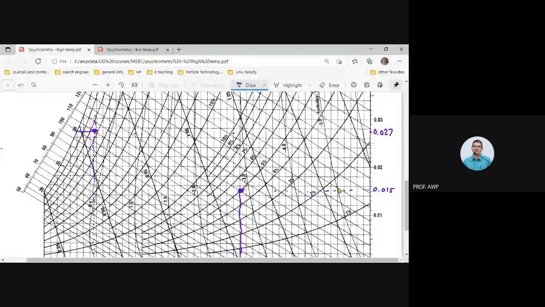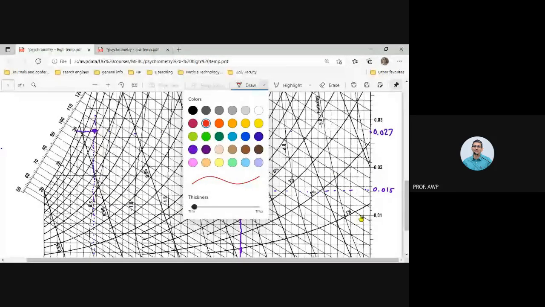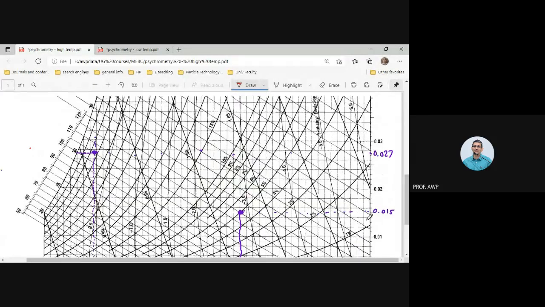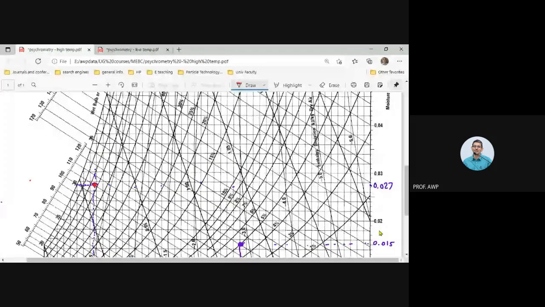Okay? And if you wanted a wet bulb temperature, these lines are the wet bulb temperature lines. So if you wanted the wet bulb temperature of the incoming air, we are here, going along this wet bulb temperature line. The wet bulb temperature lines are 30 and 35, so this is 31 degrees wet bulb temperature.